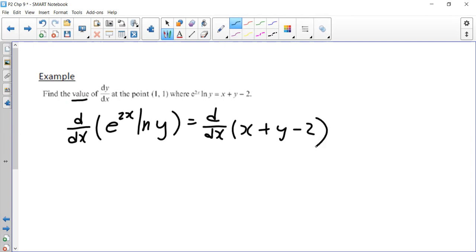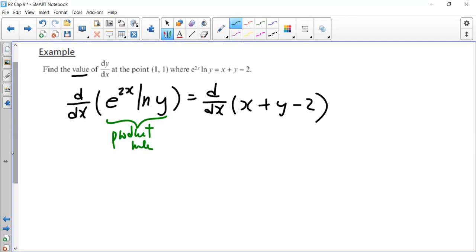Next, on the left-hand side, to differentiate e to the power of 2x times ln y, we need to use product rule because they're multiplied together. Product rule means that's your u, that's your v. So e to the power of 2x is u, ln y is v.